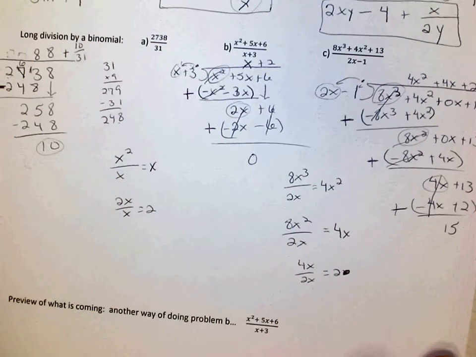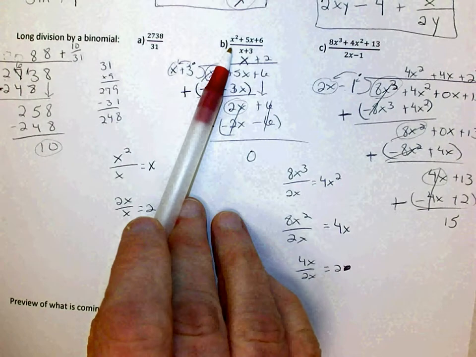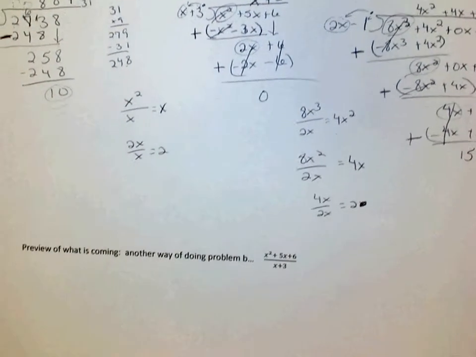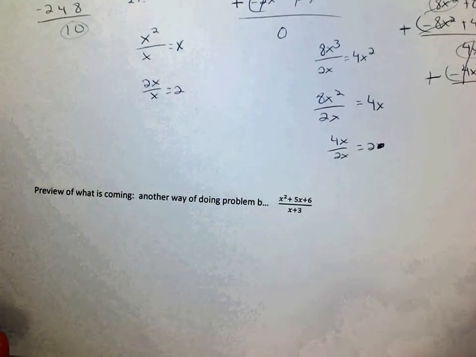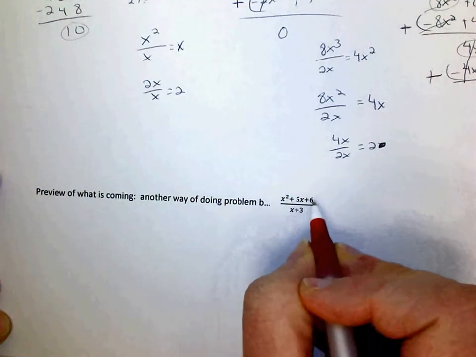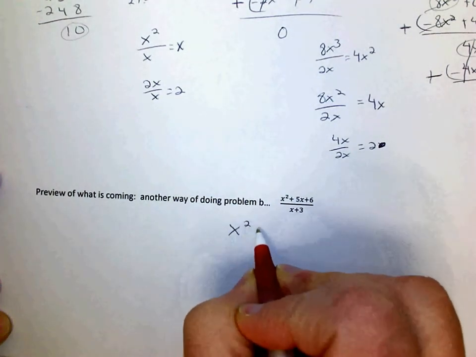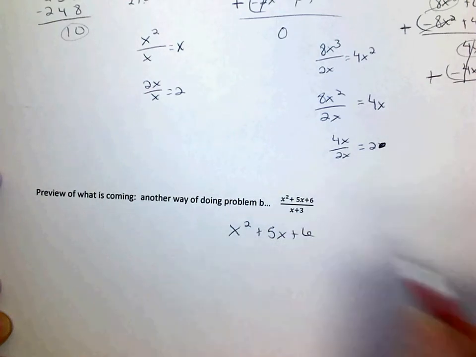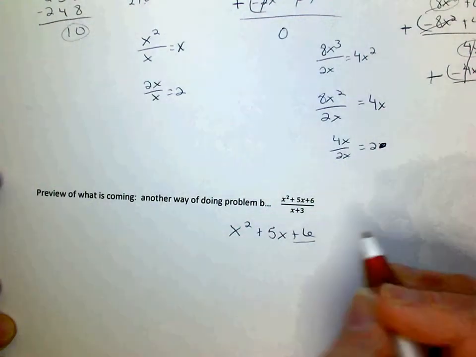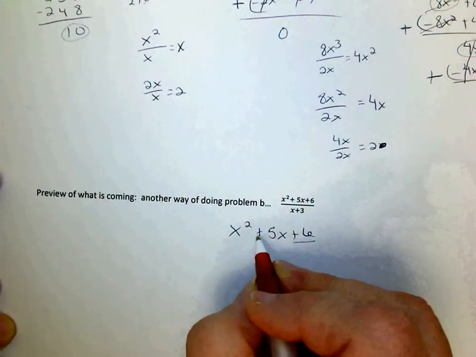Now, on B, there is another way to do it. And I just kind of want to show you this. It's what we call real factoring. And remember, factoring is the undoing of the multiplication process. So what I'm going to do is I'm going to look at this right here. What did I multiply to get 6, but add to get 5?